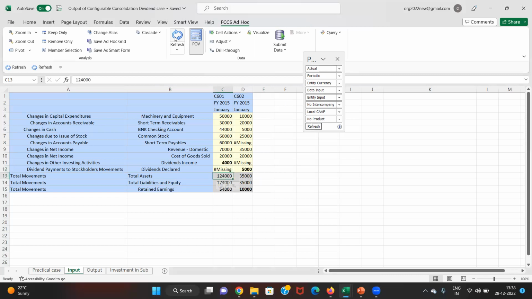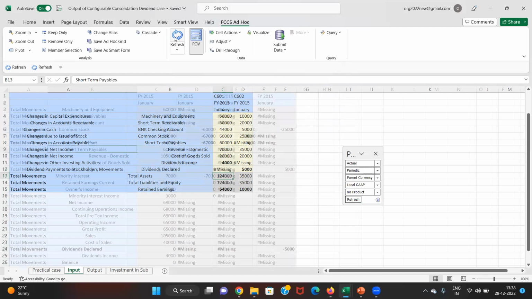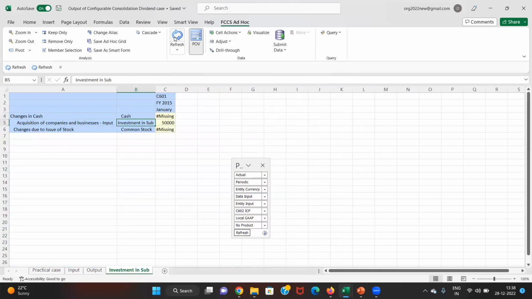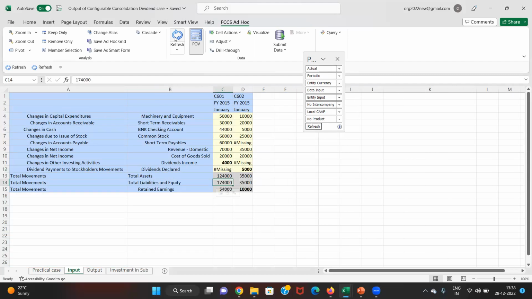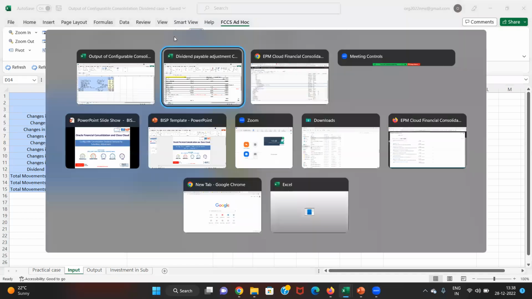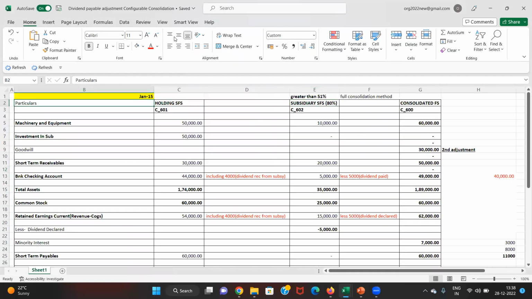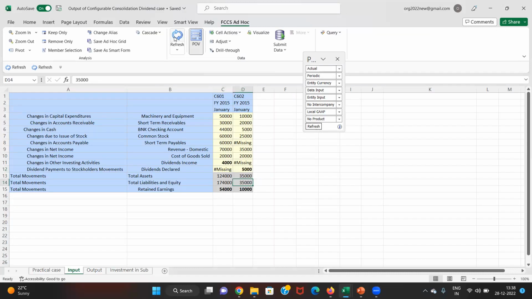The total of the assets is 124 here, and the investments is 50 here, which we have taken as an intercompany transaction. So 50 plus 124 is 174. The liabilities is also 174, which was also the case in our example. And 35 and 35 is the total of assets and liabilities in the subsidiary company.